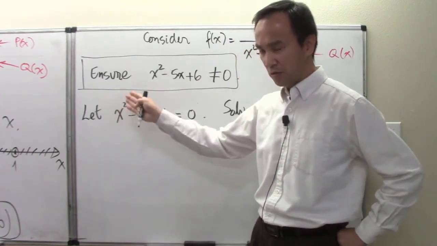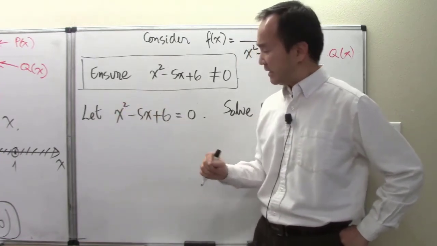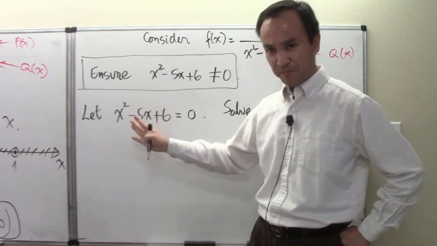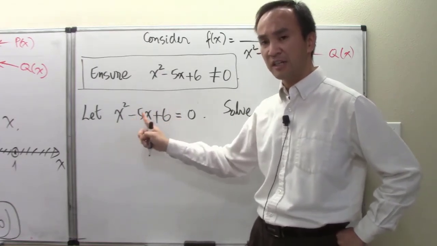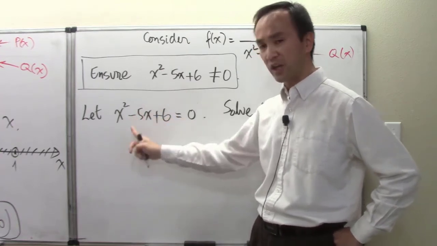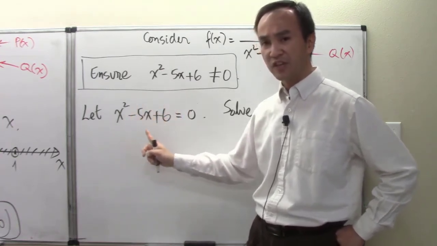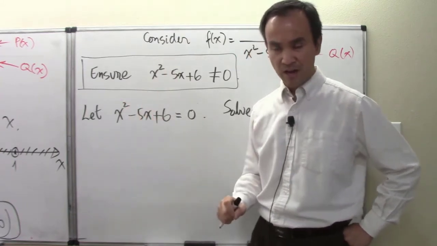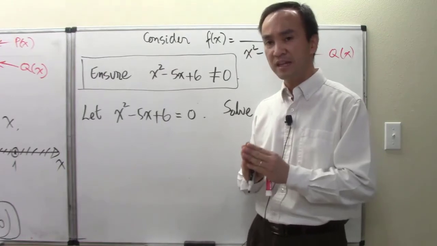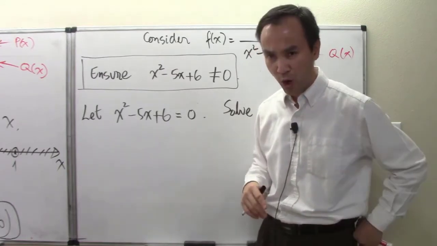I mentioned in my lecture about polynomials that for quadratics, we have quite a few different methods to find a solution. However, I would like to emphasize solving this equation by factoring, because the factoring method is the universal method for any other polynomial equation.